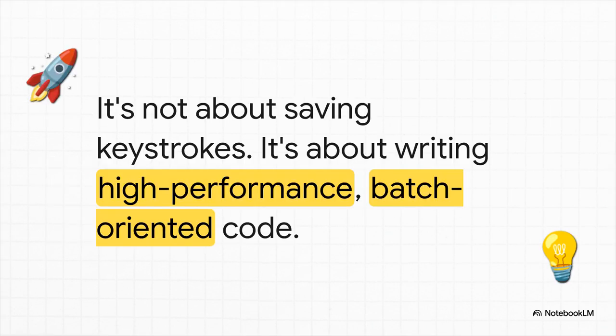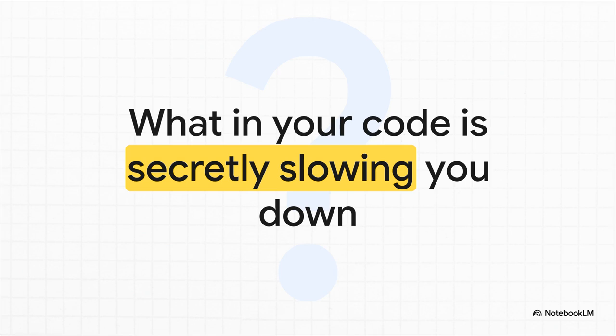So really, the big takeaway here is that this is so much more than just a neat syntax trick. It's about a fundamental shift in how you think. It's about moving from row-by-row operations to writing efficient, batch-oriented code. It's about learning how to work with your database engine, not fight against it, to get the absolute best performance you can. It's amazing, right?